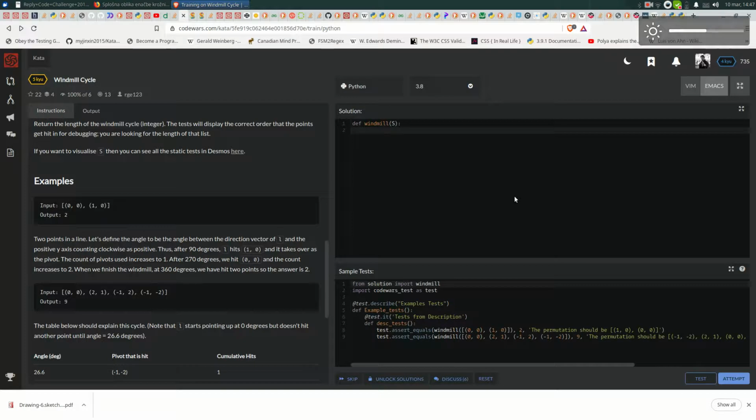So we got input S. Alright. I think we should make a list of points, and this list of points is holy, it should not be mutated.